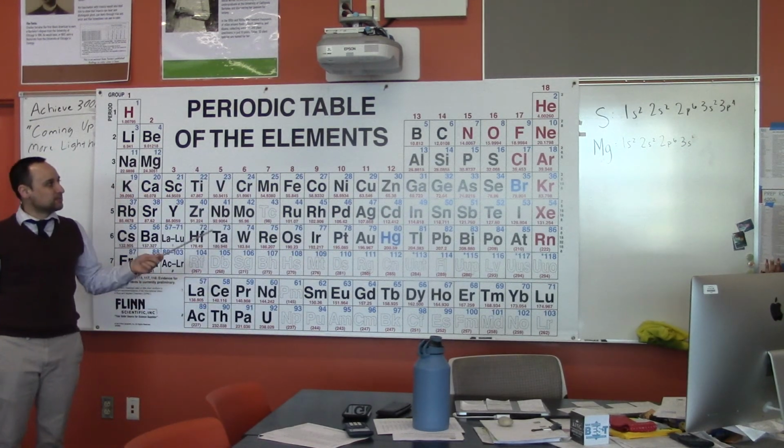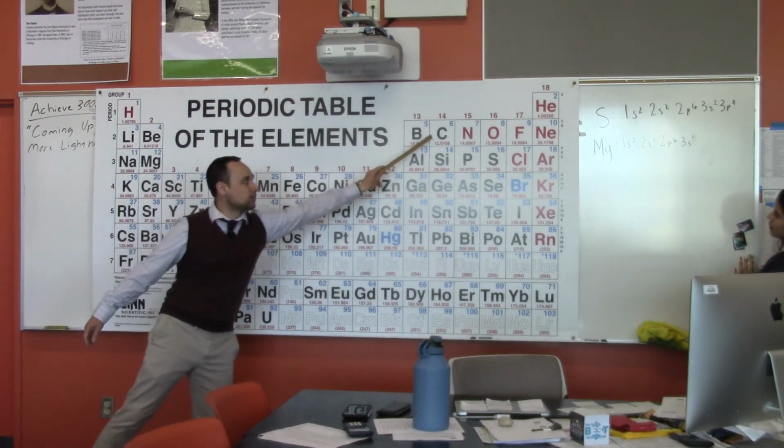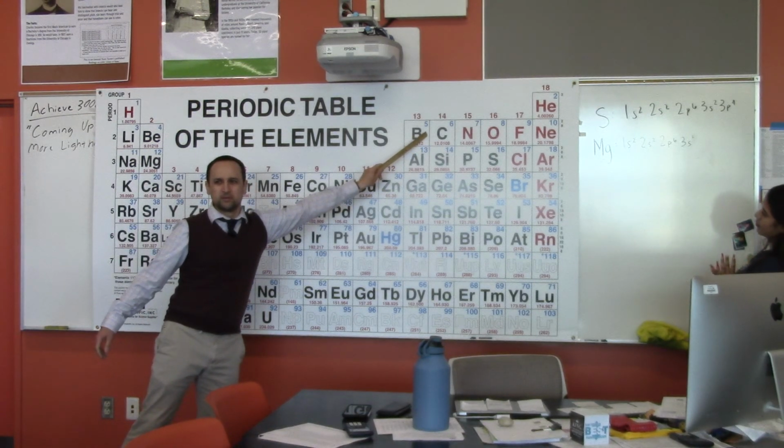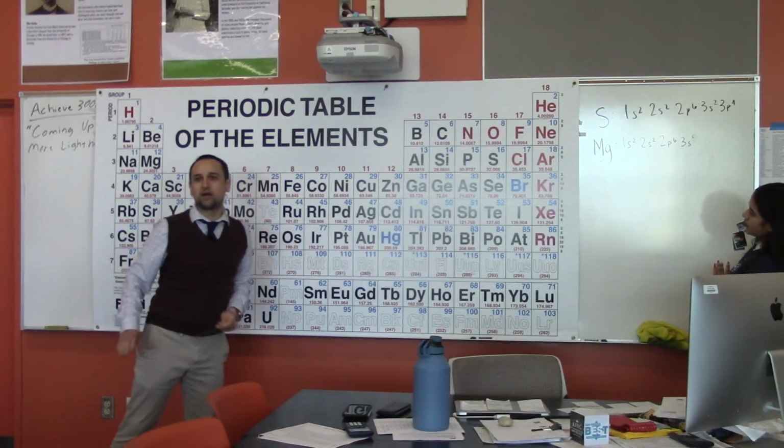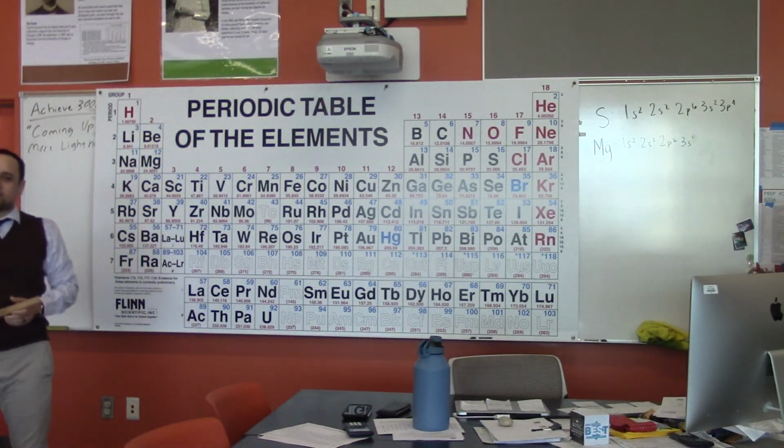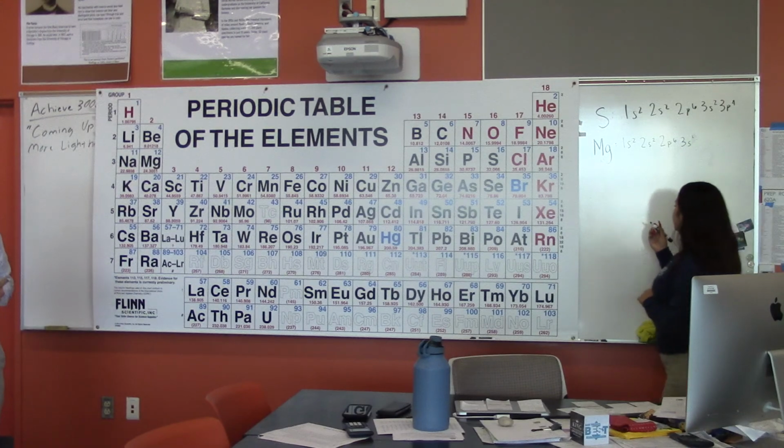Carbon. Carbon is number 6, okay? It's right here in the 2nd row. Which block? P block. Okay, so give yourself about 10 seconds and then we'll go through the electron configuration for carbon.